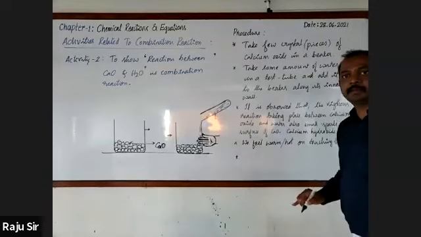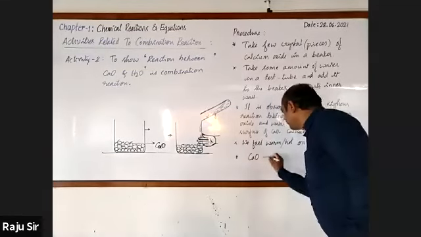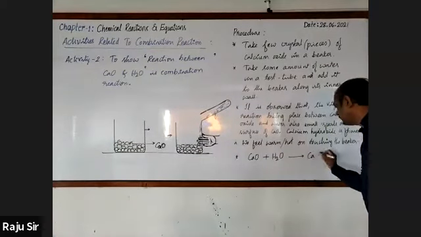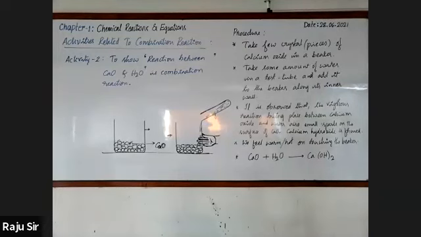Then I'll write the chemical equation. It is CaO plus H2O gives Ca(OH)2.